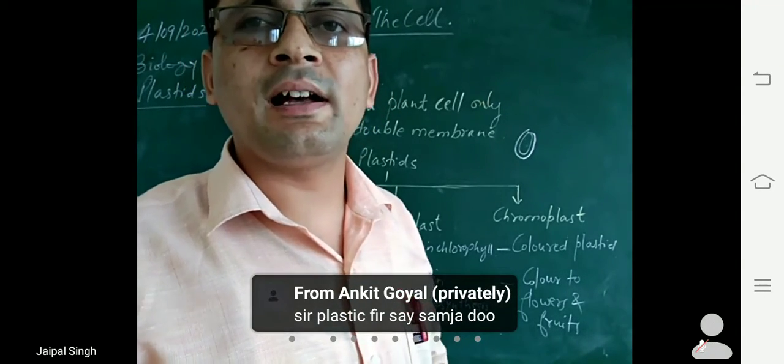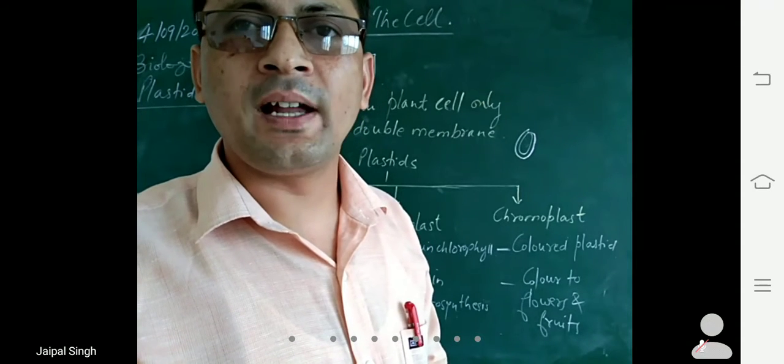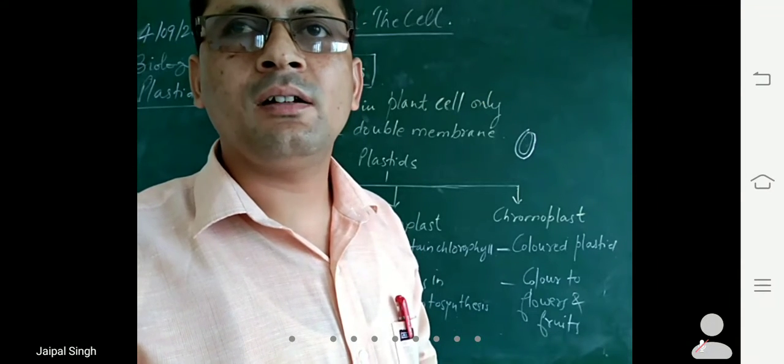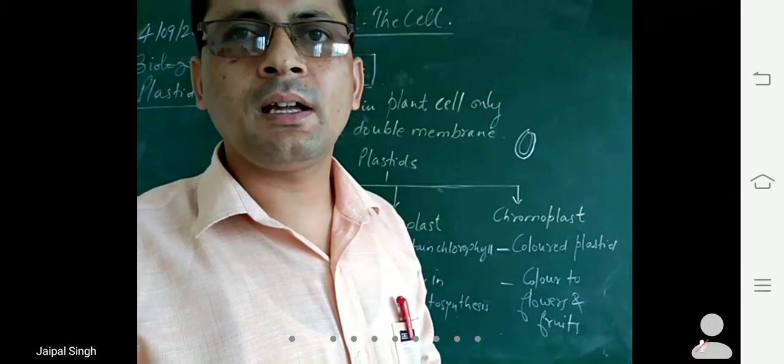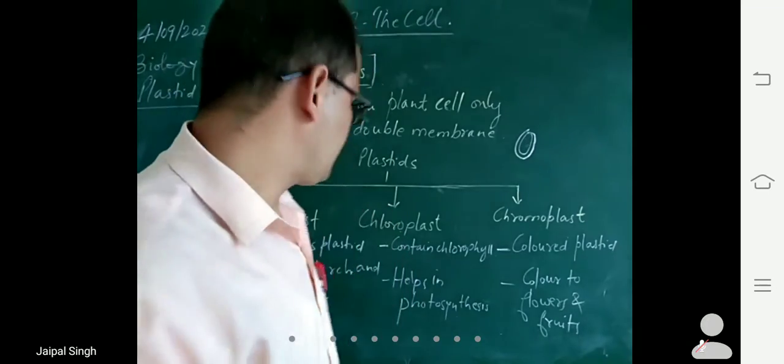Its function is to store food, that is, it stores starch and oil drops. Clear? So the first type of plastid is leucoplast.